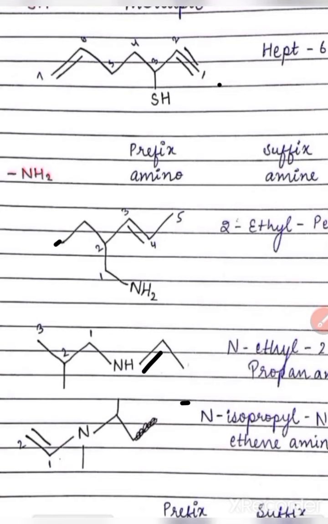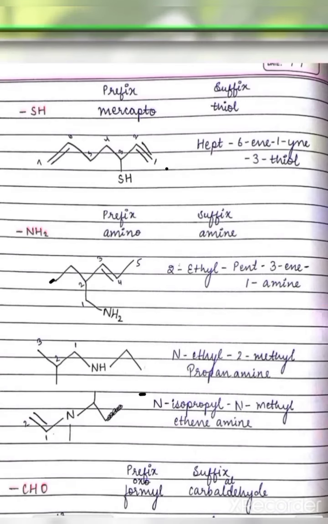When any group is directly connected to N, we write the prefix as N-ethyl, 2-methyl propamine. This will be the functional group chain because this is the larger chain with more substituents. So this will be treated as a substituent chain. I hope you are getting my point.